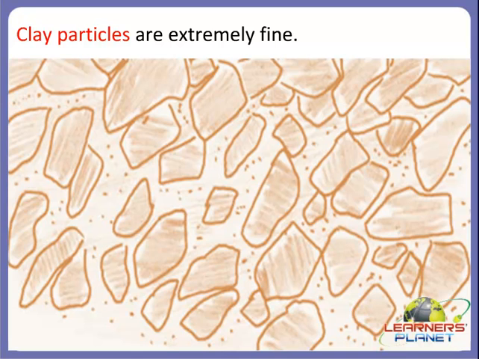Now the third main type of soil is clay. So children, clay particles are extremely fine. You can see here, it is very distinct. We can say that they are extremely fine particles. So this is a picture of clay particles.